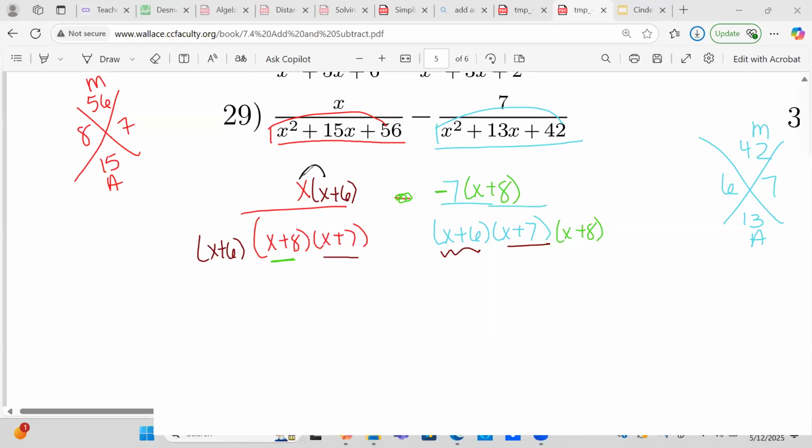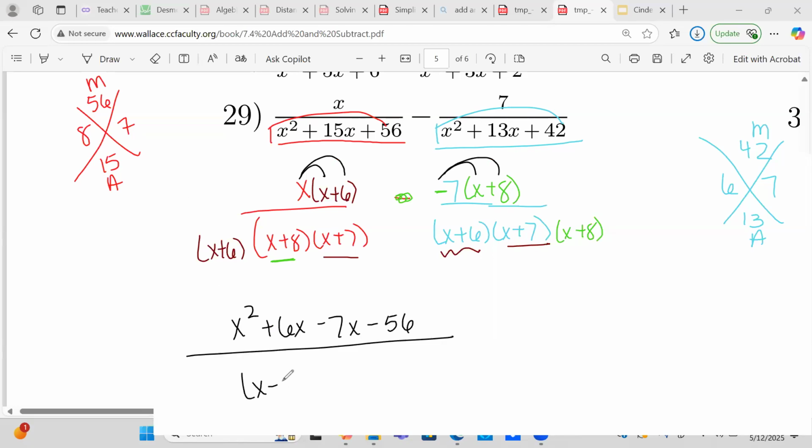Distributing on the top would be x squared plus 6x. Distribute that negative, 7x minus 56. And then the bottom, just leave it. The order on the bottom doesn't matter. x plus 6, x plus 7, x plus 8, but don't FOIL those out. Just leave it. Combining on the top, 6 minus 7 would give us x squared minus 1x, or just minus x, minus 56. On the bottom, it is fine.